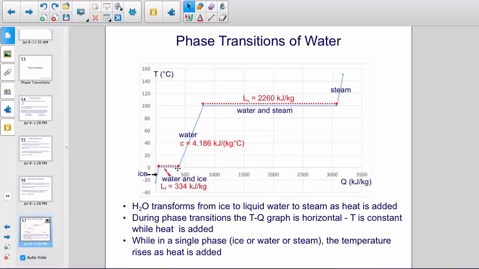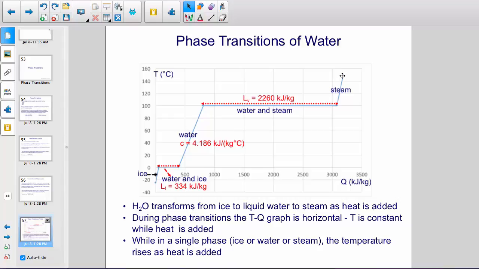When all of the ice is melted, we're left with water at 0 degrees Celsius, and additional heat raises the temperature of the water until it reaches 100 degrees C. Now, with the addition of heat, all that happens is the water is slowly converted into steam at 100 degrees C. Once all of the water has been converted into steam at 100 degrees C, additional heat continues to drive up the temperature of the steam.